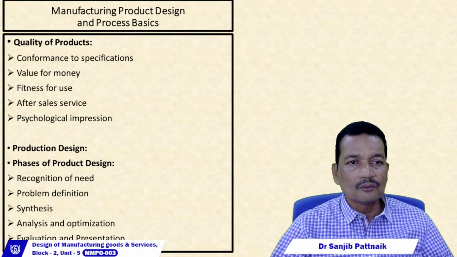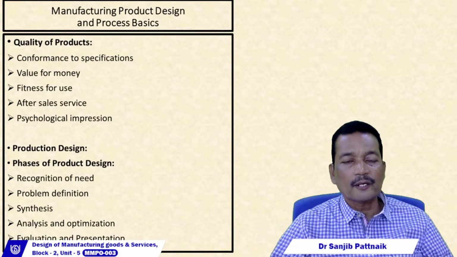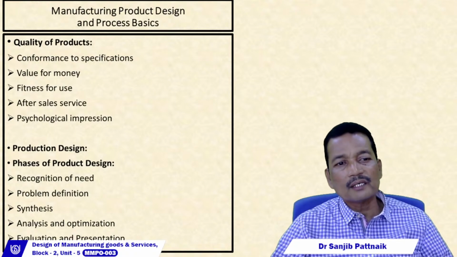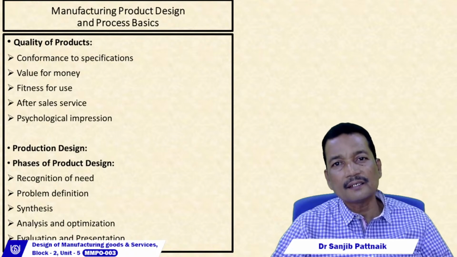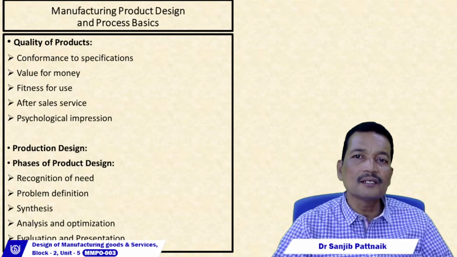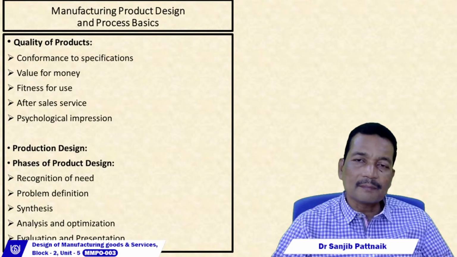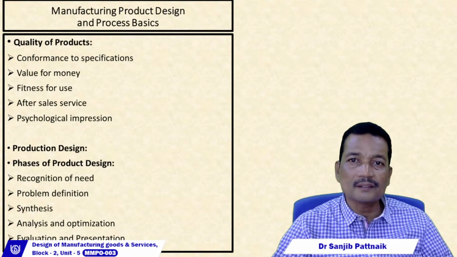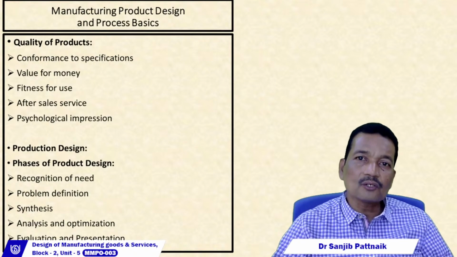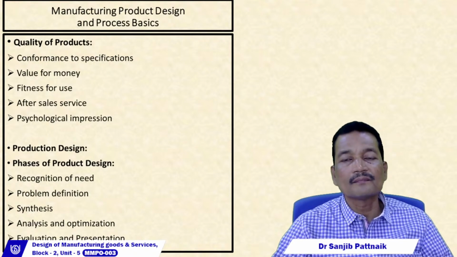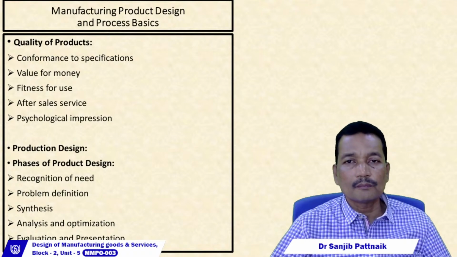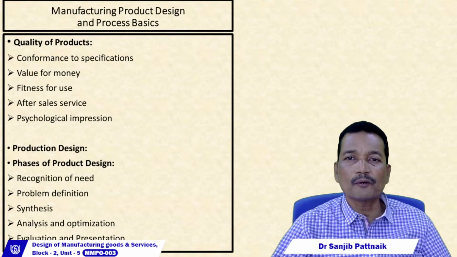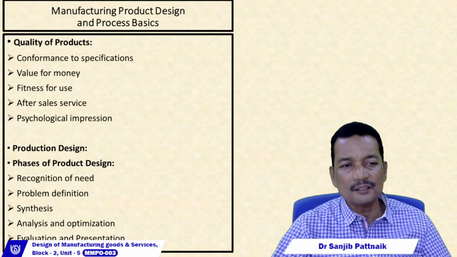Now we see the production design. When we are talking of production design, production means the conversion setup. That means the machinery that we are using, the process we are using, or the operational way that we perform to generate the services.